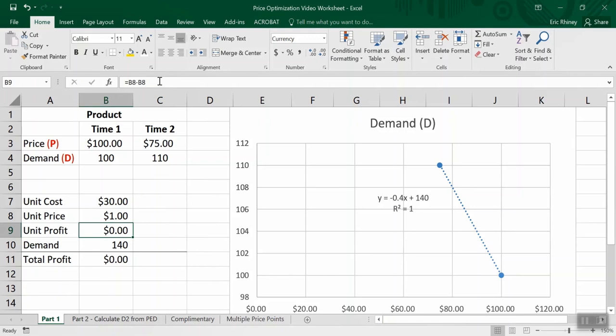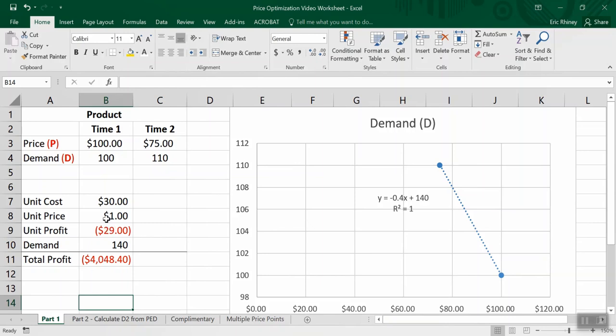Now, for some reason, my unit profit is not working right. I don't think I put this in here right. Let's see what I did. Okay, minus the cost is what I want. So now we see that because we're selling this for $1 and it costs us $30 to make whatever this product is, we're losing $29 on every product that we sell. It doesn't matter what our demand is, because we're losing, we're going to be negative in our profit.